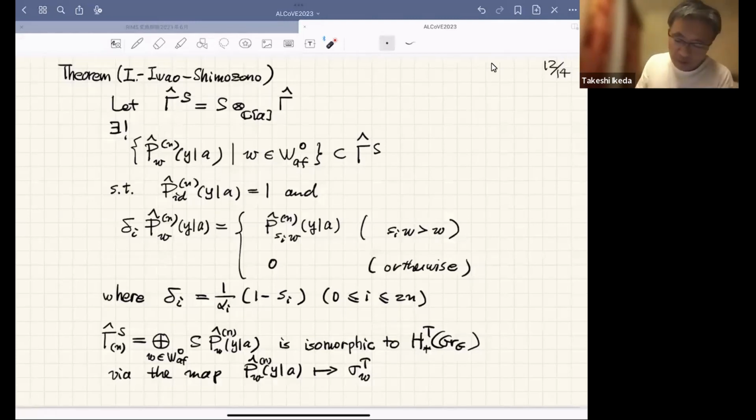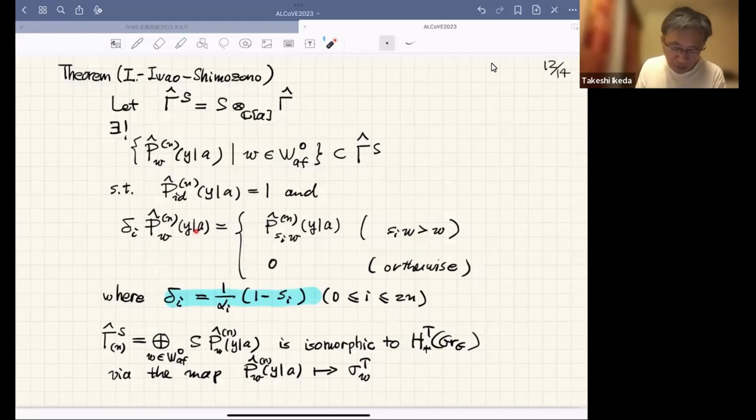If you have this condition, this one and this one are related by the divided difference delta i, and otherwise this map we just keep 0. So we can compute every function starting from just 1. I will show you in the next slide the simplest non-trivial example.